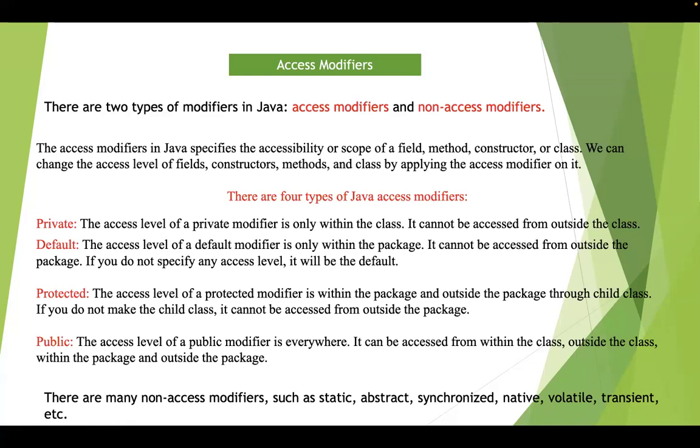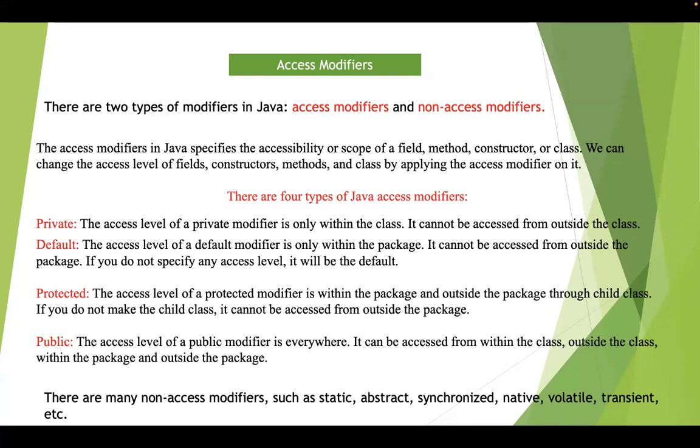When it comes to access modifiers, we refer to a few types. Access means someone tries to access the code or a segment in the code. That accessibility has a few levels: private, default, protected, public.